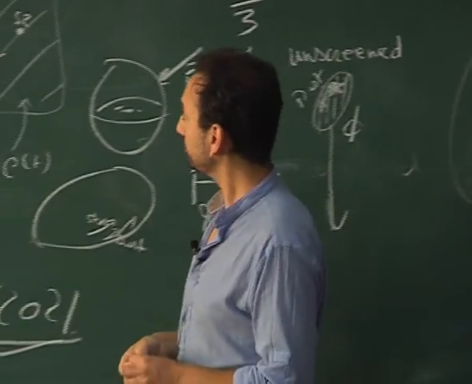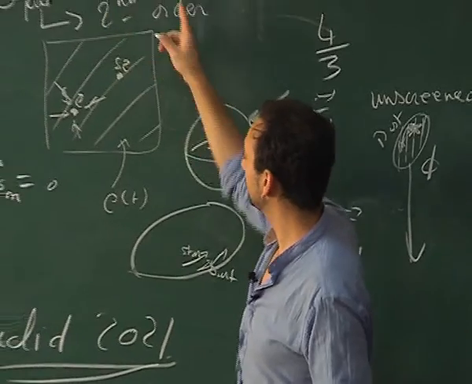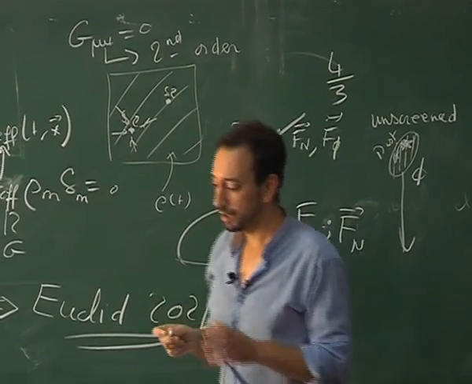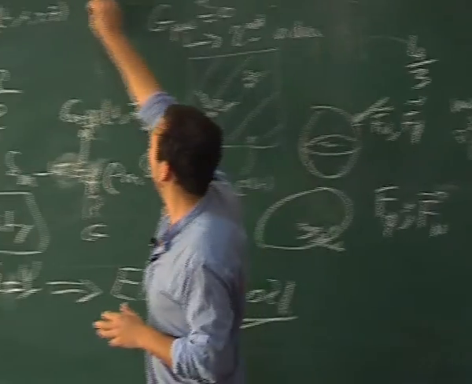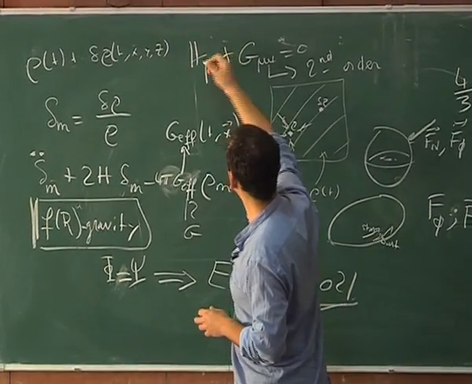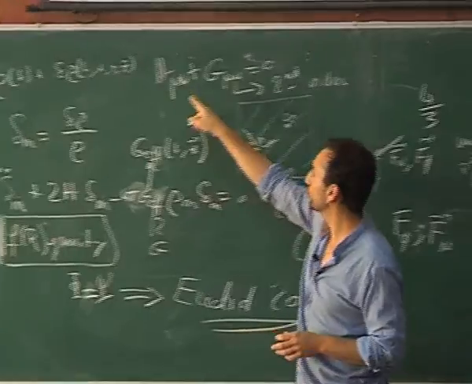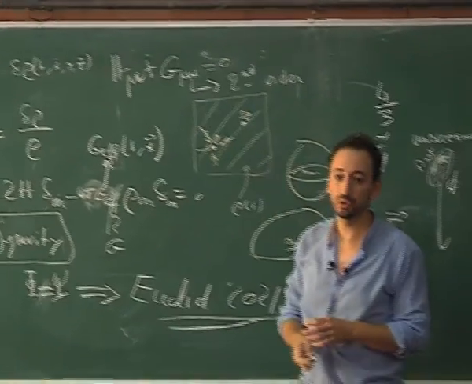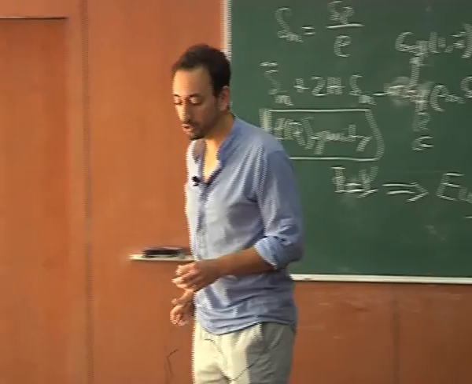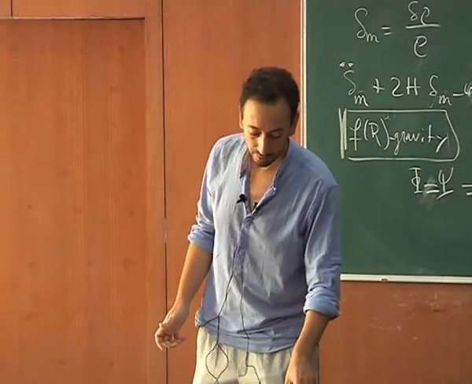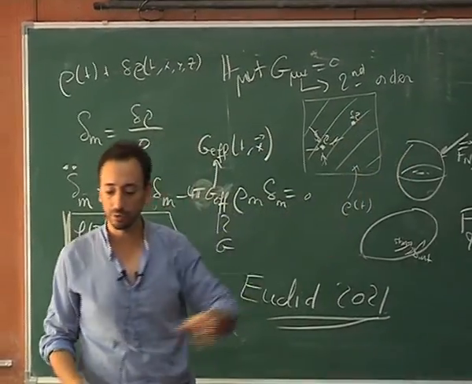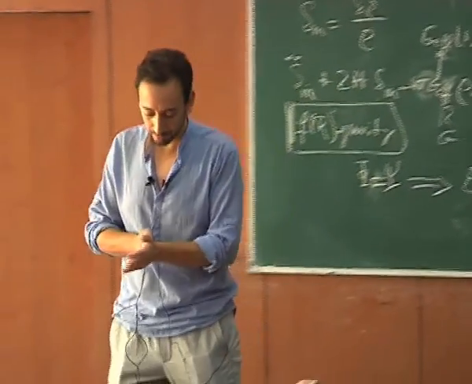Once you expand at the second order, you can identify something as the energy. Now, if you have a modification of gravity, this will contribute also. So you expand everything at second order, and there will be an additional contribution to it. But the energy has to be defined by expanding things at second order. Otherwise, you will not find any form of energy there.